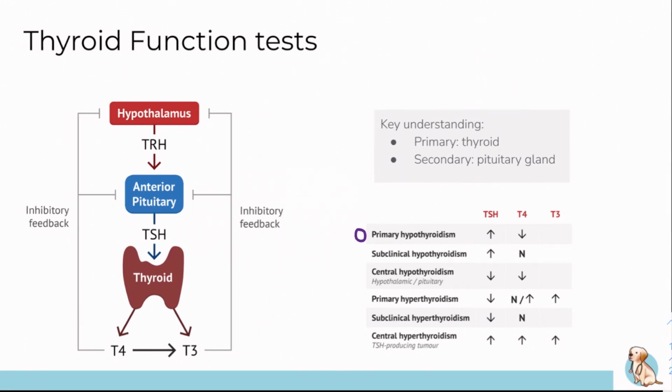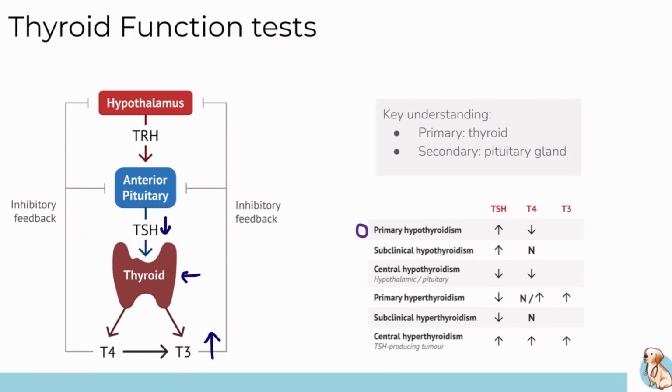So in hyperthyroidism, we have too many circulating thyroid hormones. And if it was a primary issue, it'd be an issue within the thyroid itself, where it's not responding to TSH telling it to slow down. If it was an issue with the anterior pituitary, it would be telling the thyroid to be overactive. It would be sending too much TSH and hence causing the thyroid to work overtime.